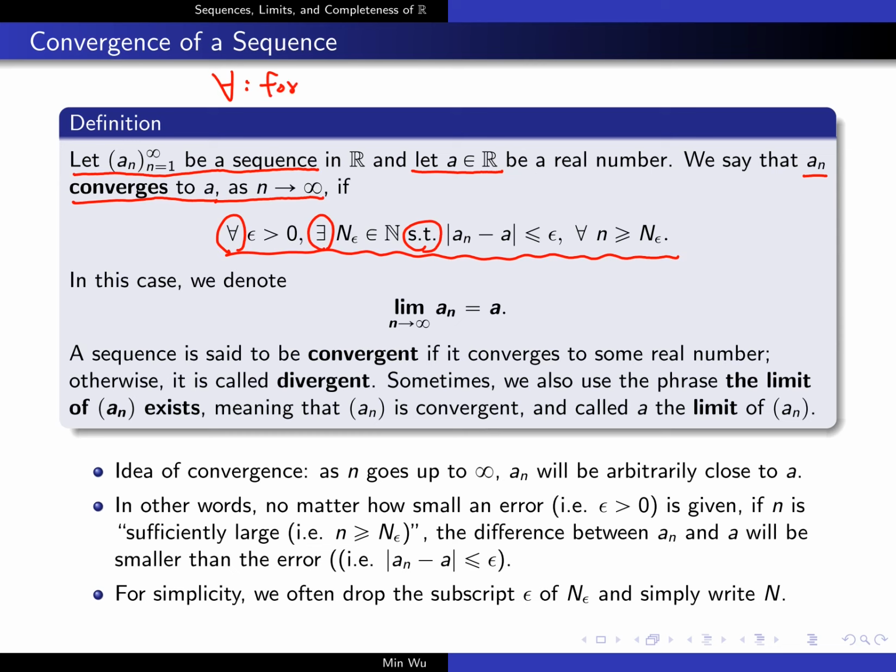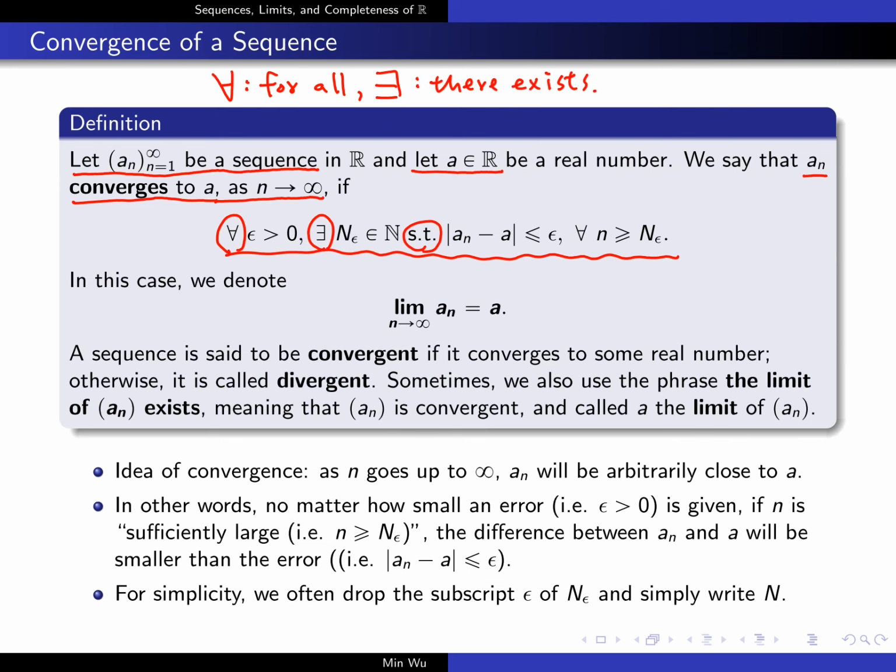It is called "for all", or some people will say "for any", but I'll just stick with "for all". And this funny symbol, it's not upside down, it's actually a left-right reversed E. This E means that there exists.